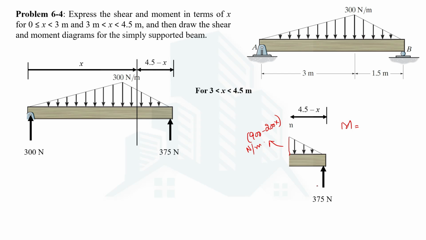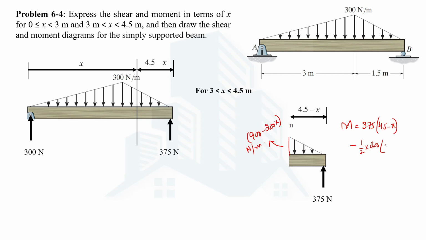In this case, you can see this 375 Newton force will have an anti-clockwise movement around the x cross section. So anti-clockwise will be positive, so 375 will have a positive moment. The moment arm will be 4.5 minus x, and this triangular load will have a clockwise movement, hence negative.